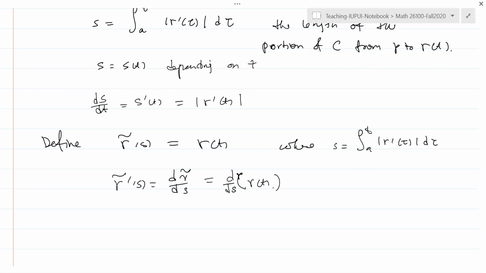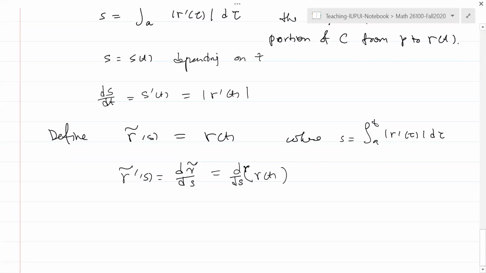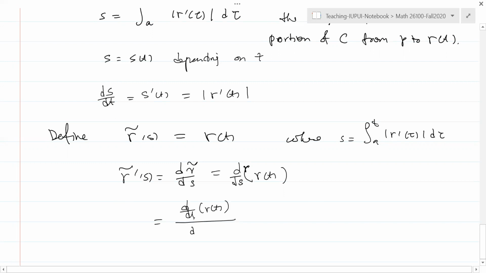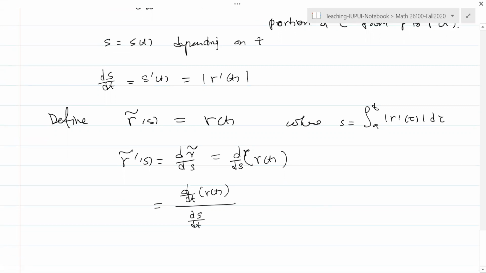By the chain rule, dr2 over ds is dr over dt times dt over ds, equivalently dr over dt divided by ds over dt. That's roughly going to be dr over ds, something like that.